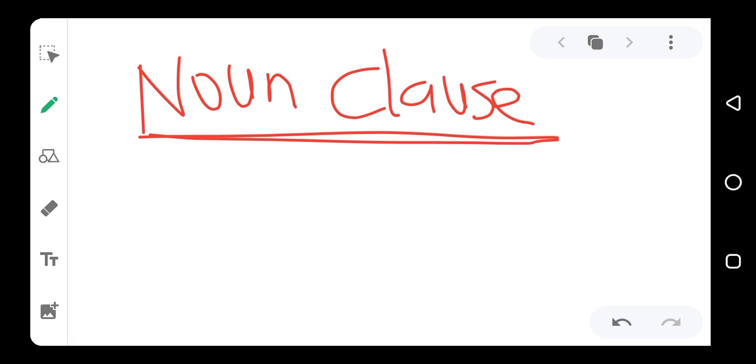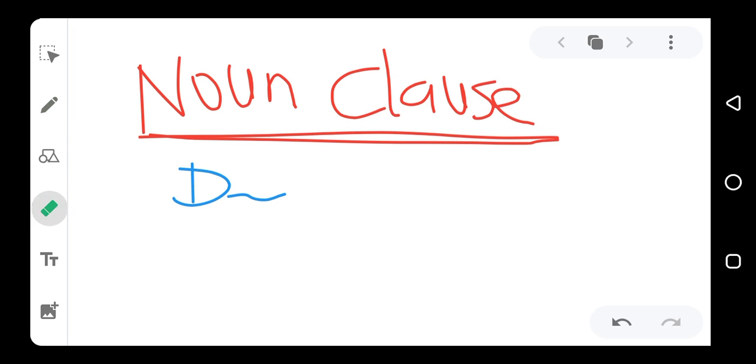Now, the dependent clause is made up of three types. We have noun dependent clause, adjectival dependent clause, and adverbial dependent clause.